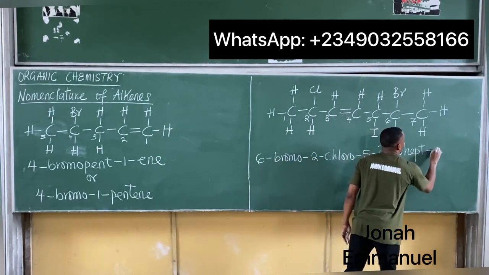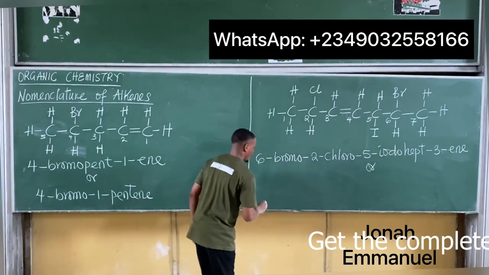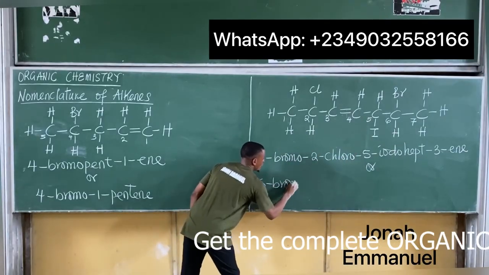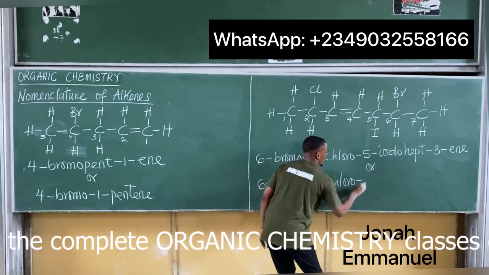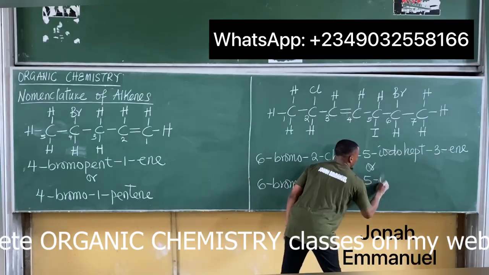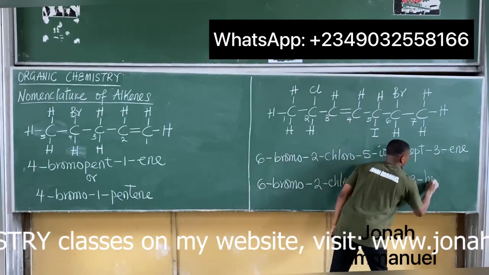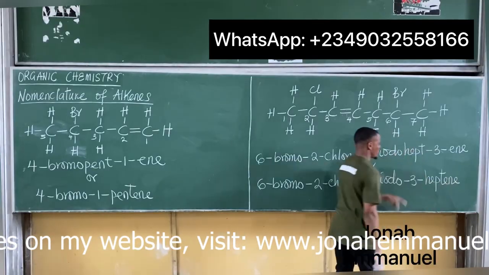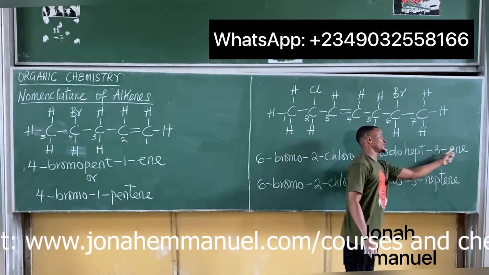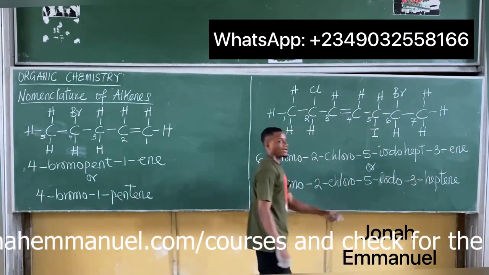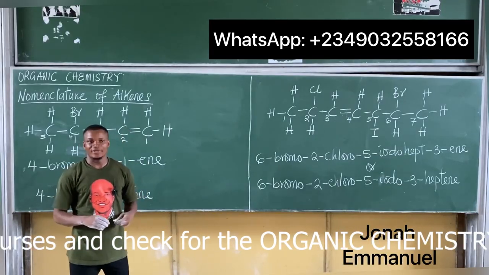Hept-3-ene, or 6-bromo-2-chloro-5-iodo-3-heptene. So I said always observe the way we play with these numbers. Take the number in between the stuff and the ene, or before any of them. So I have this. Let's try one more example before we move on, please.